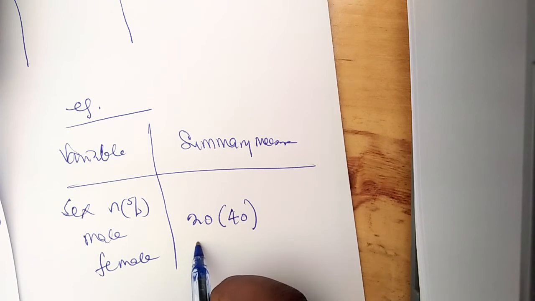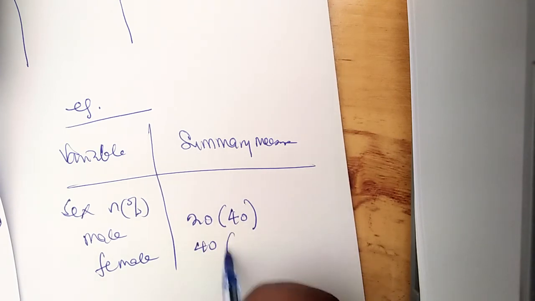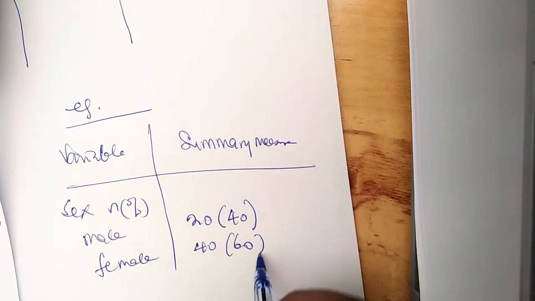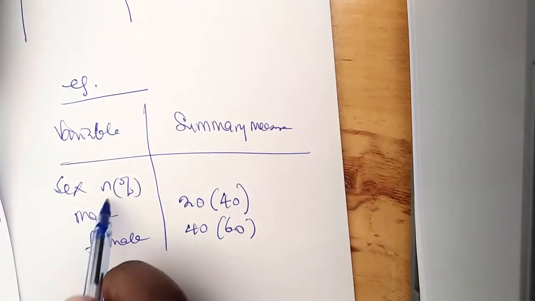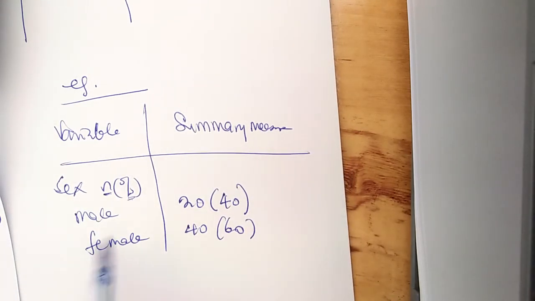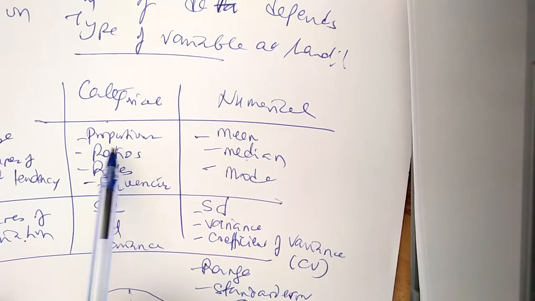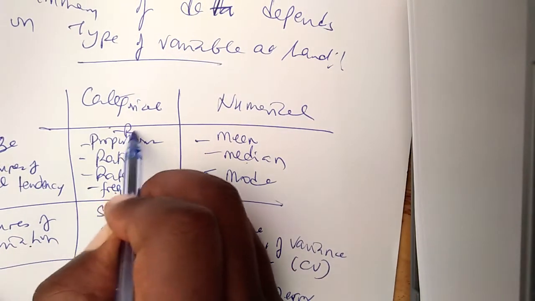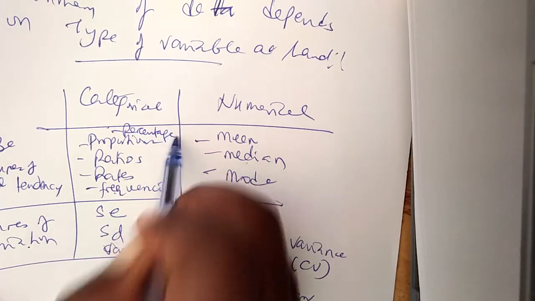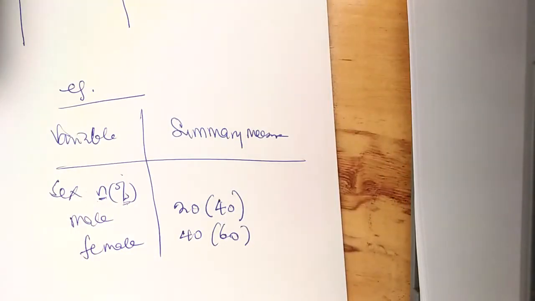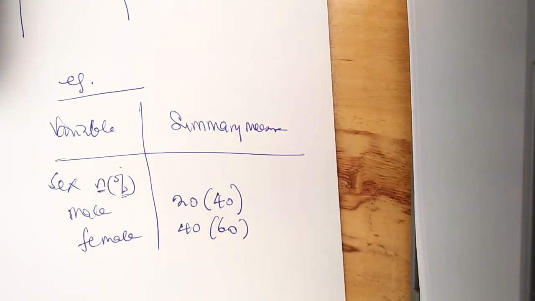Females are 40 and the percent is 60. You see that? N is frequency, this is a percent, and these are summary measures which we are saying: frequency, proportion, and the percent. So this is what we are trying to say.